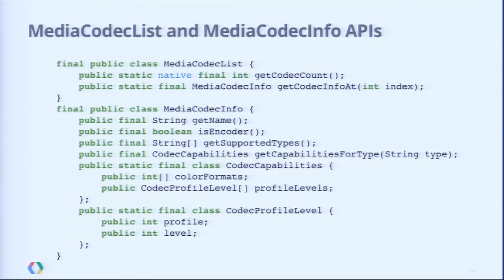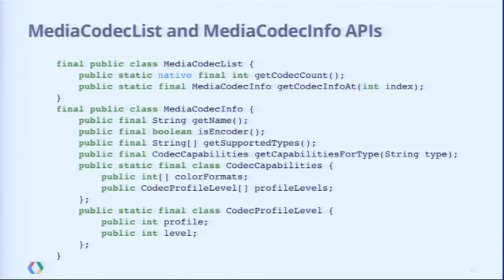So the media codec info class will tell you the codec name for this media codec, and whether it is a decoder or an encoder. You can also find out the MIME types that this specific media codec supports. Just for your information, the same media codec may be able to support multiple MIME types.